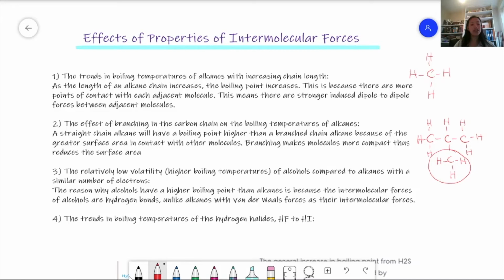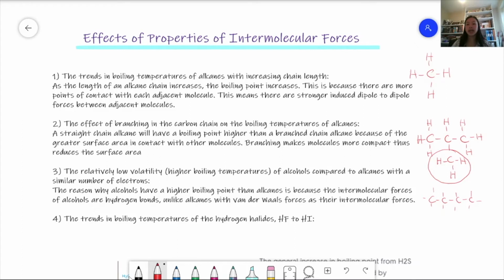So this branch here is quite compact with the main chain, compared to if it was just four carbons in a straight chain with the hydrogens. This has greater surface area, so the boiling point is higher because it has more of the forces to break, whereas this one has a reduced surface area, so the boiling temperature will be less.